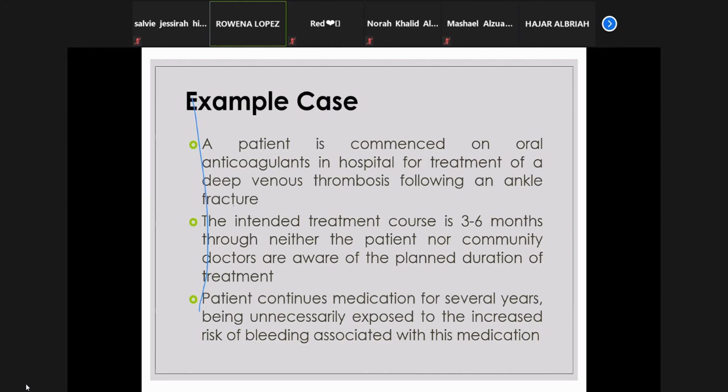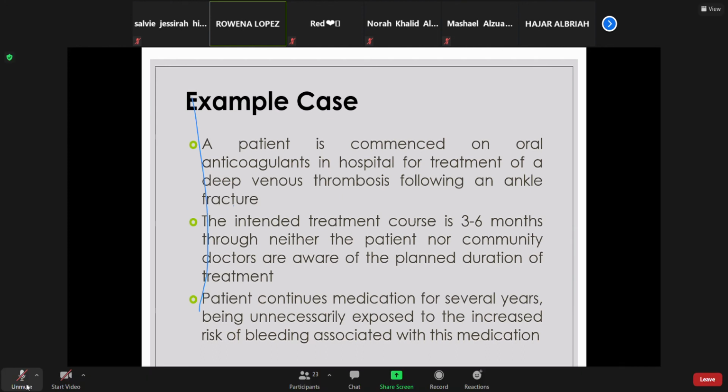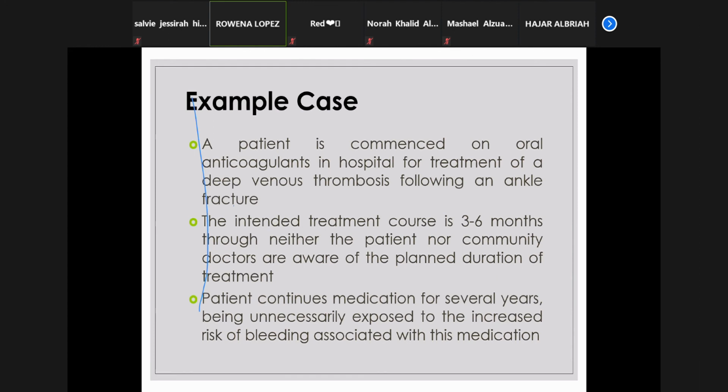Yet neither the patient nor community doctors are aware of the planned duration of the treatment. So the patient is having anticoagulant, and it should only be until 3 to 6 months, but there was no communication, okay? The patient continues the medication for several years, being unnecessarily exposed to the increased risk of bleeding associated with this medication.